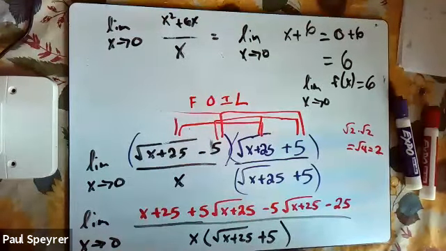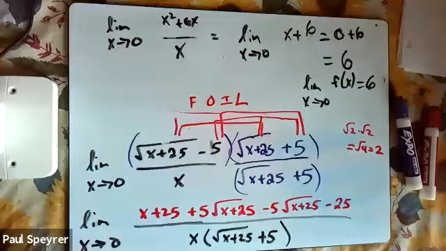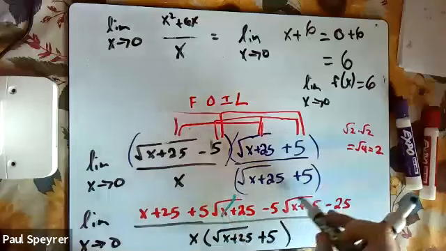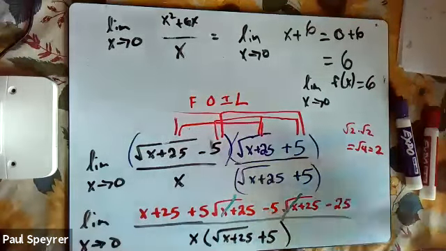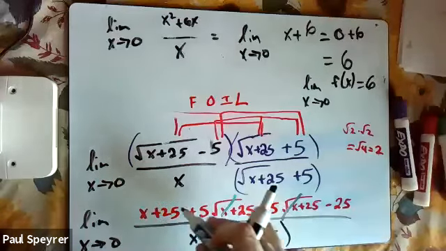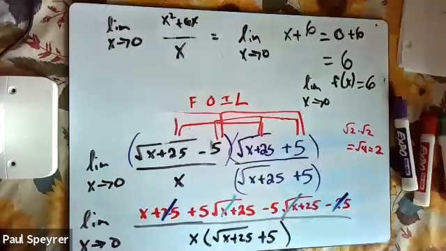So this looks pretty bad at this point because there's a lot of terms up top. But notice what's happening up top. We can cancel all kinds of things. Look, you can knock this root out. You got plus 5 of that root, minus 5 of that root, that goes. What else goes? The 25s, look, 25 and 25 go.